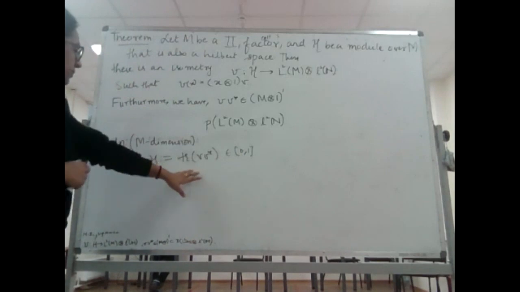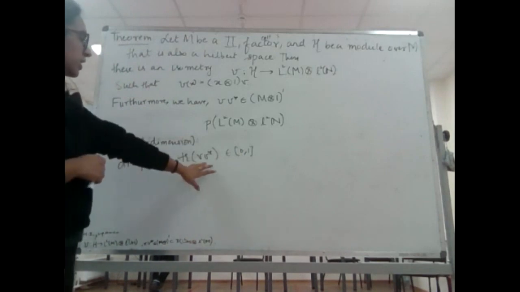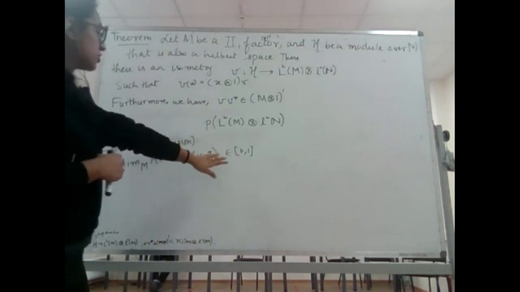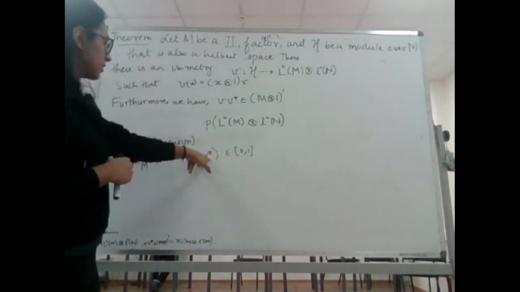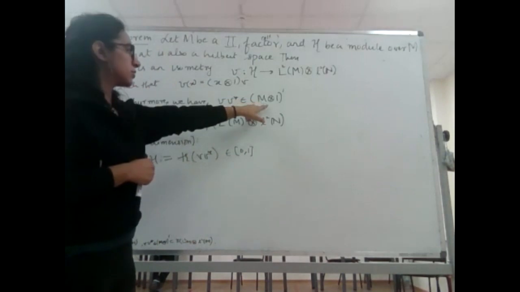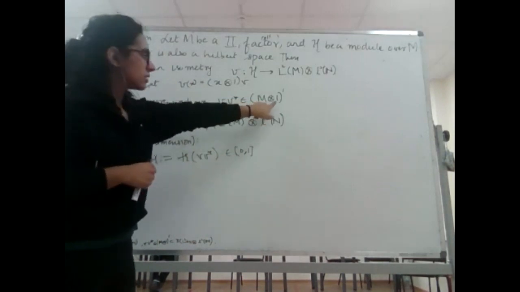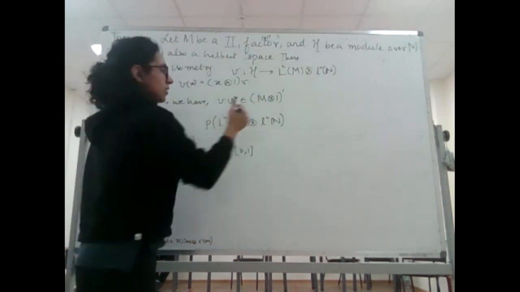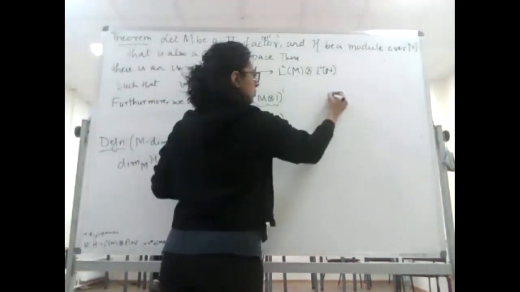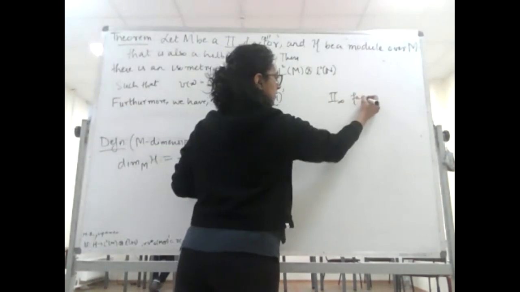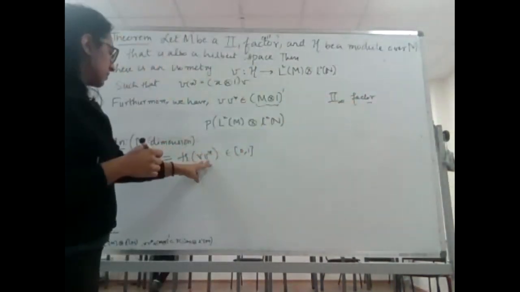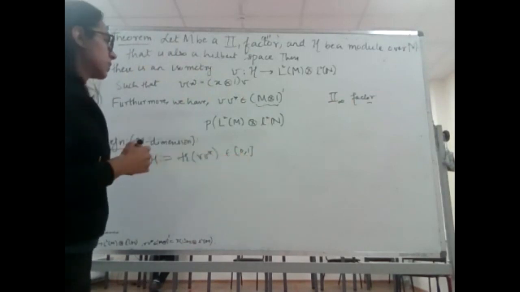An important fact to note is that this trace can take any values in this interval. This happens because this vector lies in the commutant, and a commutant that looks like this, where M is a type II_1 factor, is a type II infinity factor. By the properties of that, the trace can lie anywhere between 0 and 1.